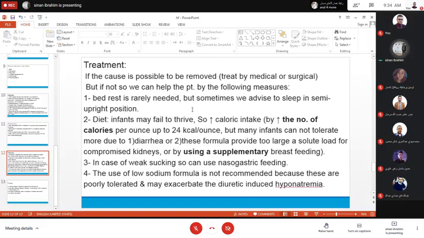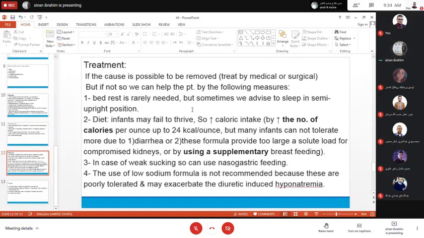These supportive measures include bed rest, which is rarely needed, but sometimes we advise them to put the infant or child to sleep in a semi-upright position.